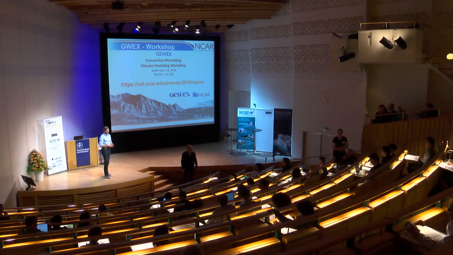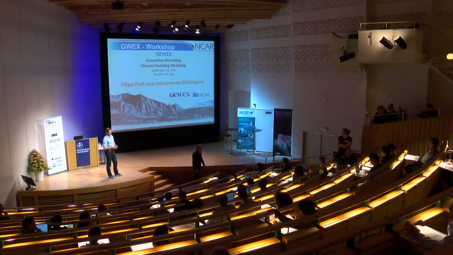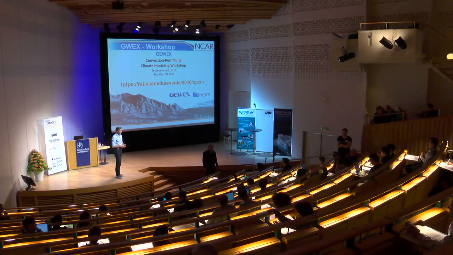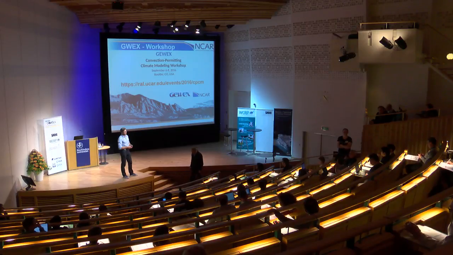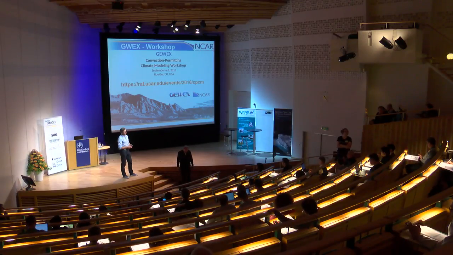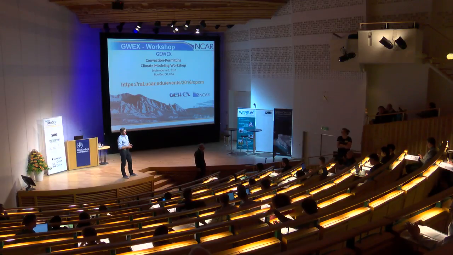Thank you. Very interesting talk. But I'm afraid this deep convection is only the first threshold that we are going to overcome, because there's very important shallow convection that has a scale of 100 meters.